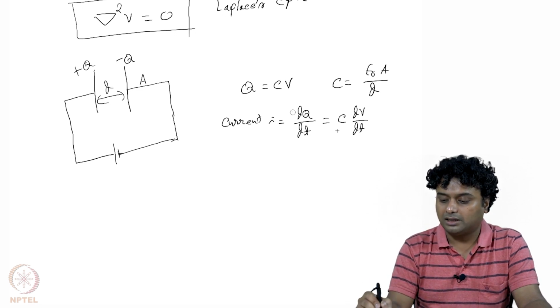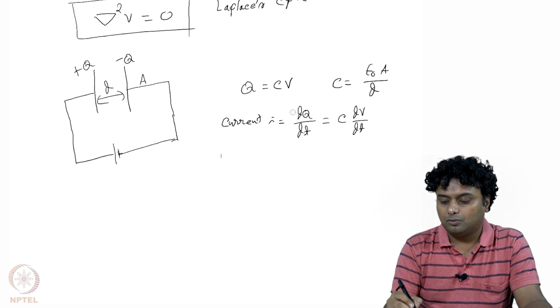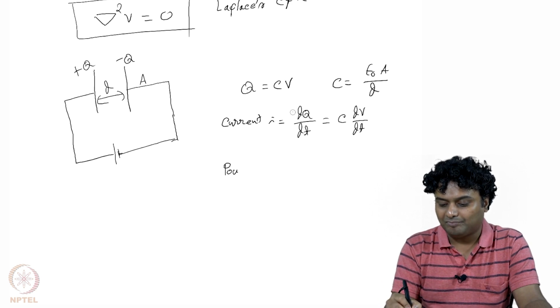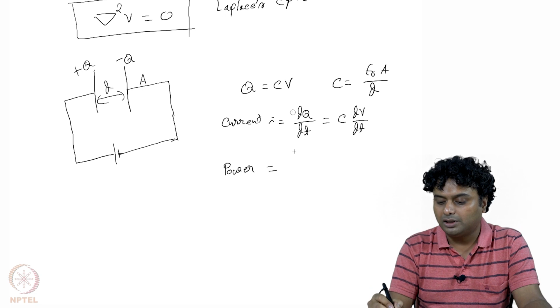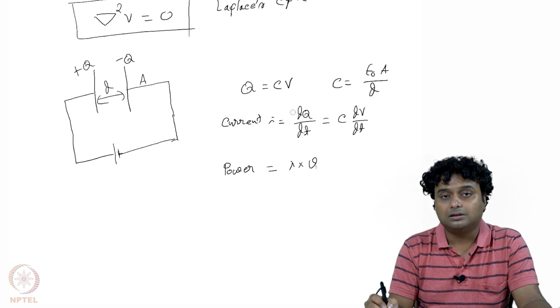Now current I equals C dV dt. What is power? Power is voltage into current, that is power at any point t is equal to I into V, where I is current and V is voltage.